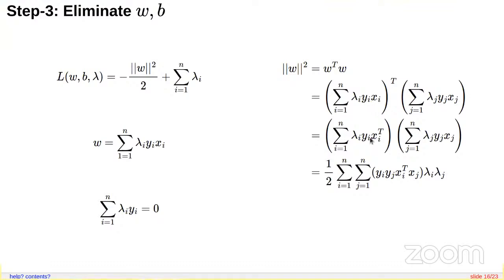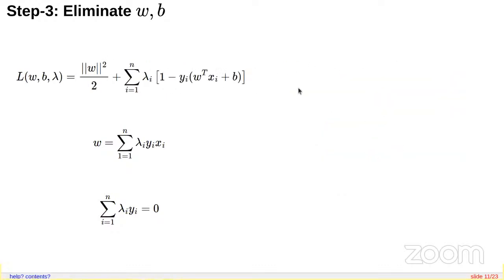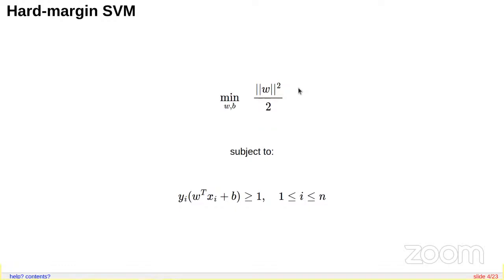So yi is just a single number. Yi and lambda I are all scalars, right? Yi is the label, -1 or 1. In the whole formulation, W is a vector and xi is a vector. Everything else is a scalar.